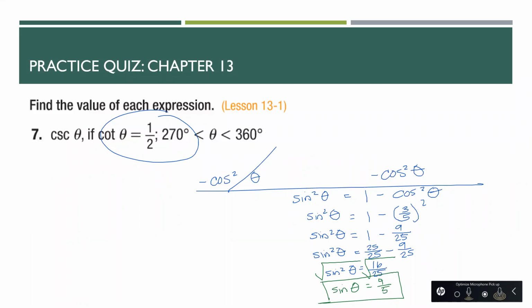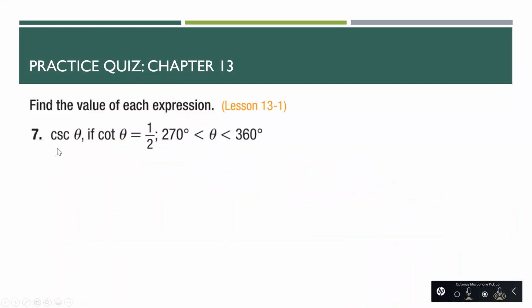All right. Next problem says, it's very similar. It wants you to find cosecant of theta if cotangent of theta is 1/2. And this is when theta is between 270 degrees and 360 degrees. So now we're going to use the Pythagorean identity.